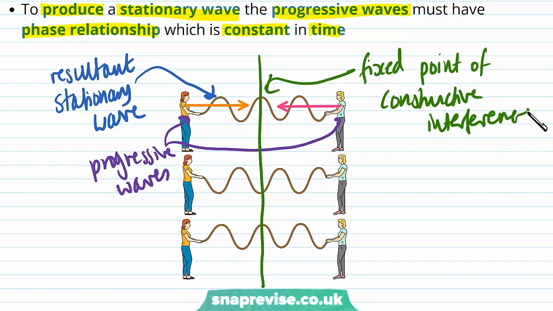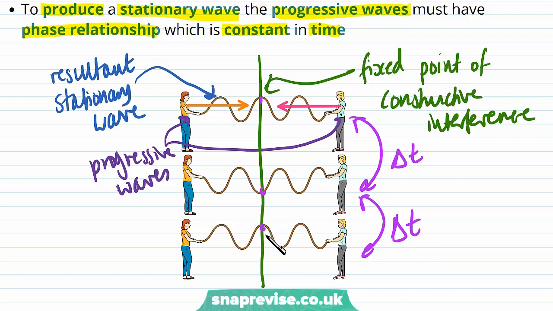What we mean by this is that at this point, we always have constructive interference. After a certain amount of time delta t passes, we went from maximum constructive interference to minimum constructive interference, but we still have constructive interference here. Then again, after another amount of time delta t passes, we again have constructive interference.